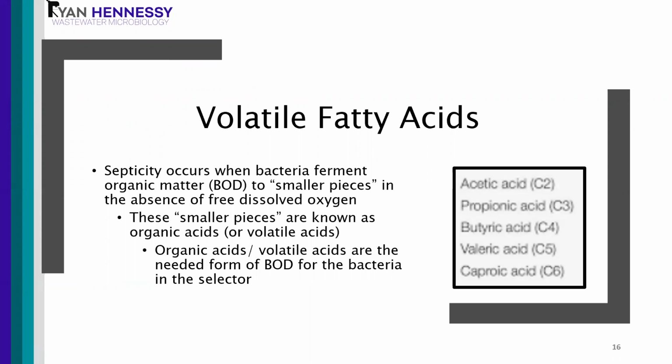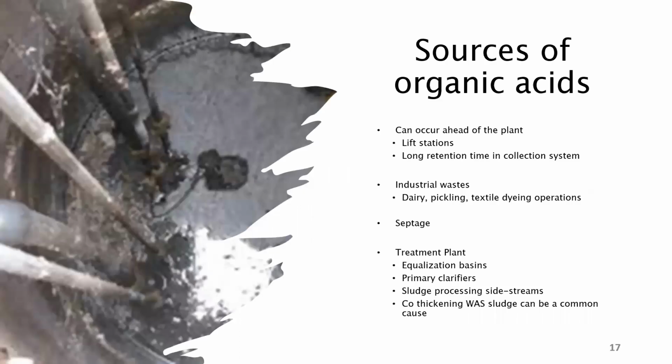So these smaller pieces are formed because basically, if there's no oxygen electron receptor to create new biomass, what you're getting is you're just getting this fermentation where you're getting the beginnings of anaerobic treatment, but not the full anaerobic. So you're just getting this conversion of longer chain to shorter and more readily available, such as acetic acid and propionic acid.